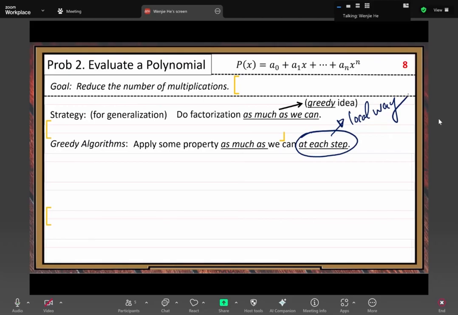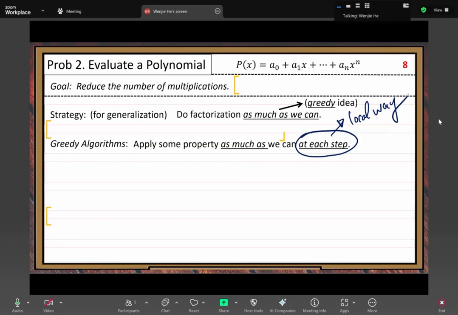The reason is that it's easy to do it locally. When you make a local decision, it's easy, because you don't need to consider many other things globally. You only need to look at a small portion of the whole thing.